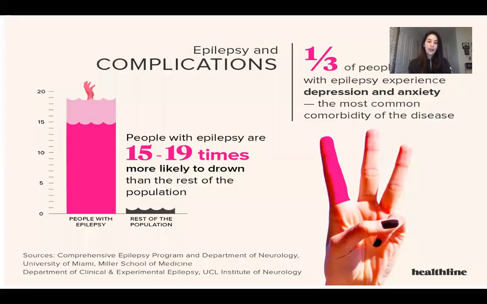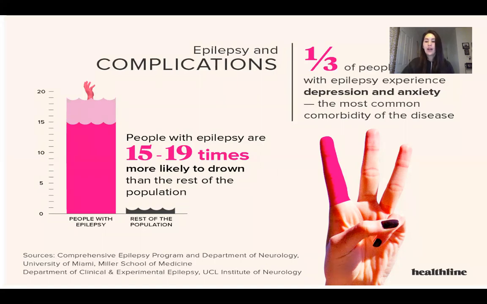Some more demographics. People that have epilepsy are 15 to 19 times more likely to drown. Obviously, if you have friends or family members with epilepsy, you should always keep an eye on them if they're in any kind of body of water, because this can happen very easily.